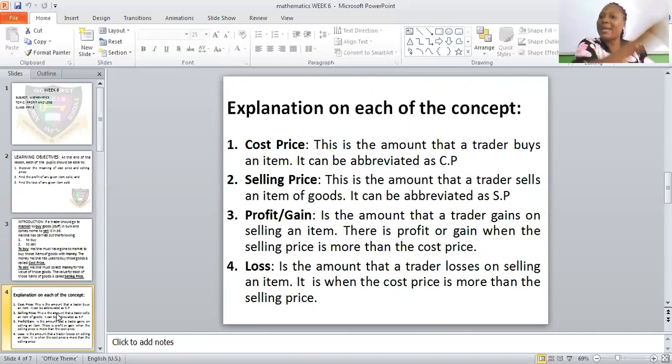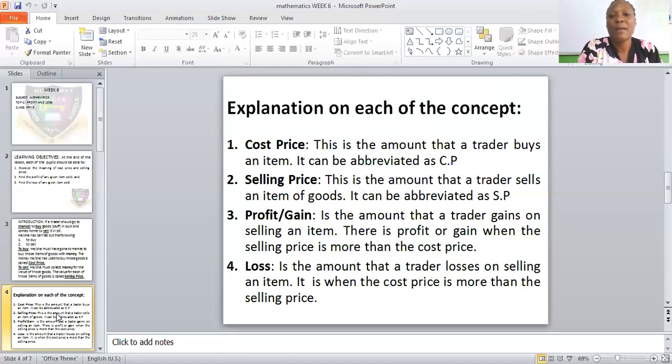He will go to market to buy, and will come to his shop to sell. The amount he has taken to market to buy those things is called cost price. The amount he is selling it for in a shop is called selling price.